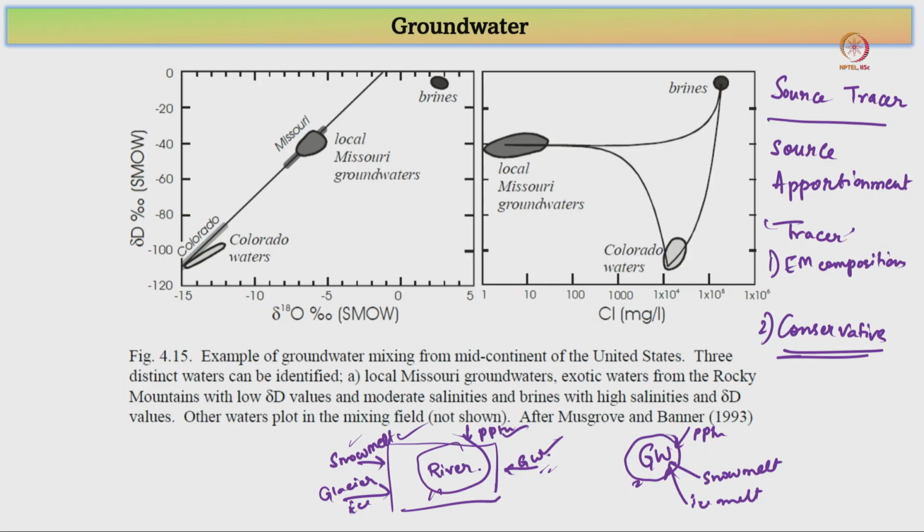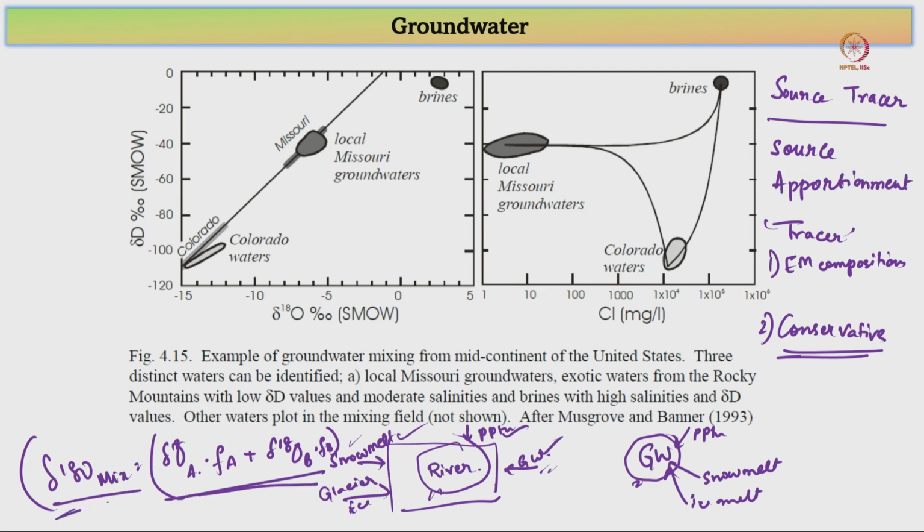So, then only do I know that the delta 18O of the mix is due to the delta 18O of A into fraction of A plus delta 18O of B into fraction of B. Only this factor is controlling my delta 18O of mix.